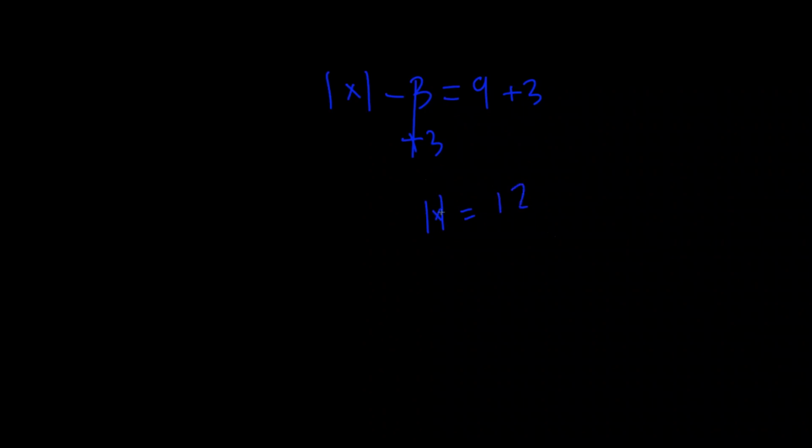So x can actually equal two answers. Remember, these absolute value signs is the units. So that means x can equal 12. 12 units from 0. Remember, if we draw our number line, here we go. If that's 12 units, remember, you can go 12 units backwards, and that's still 12 units.